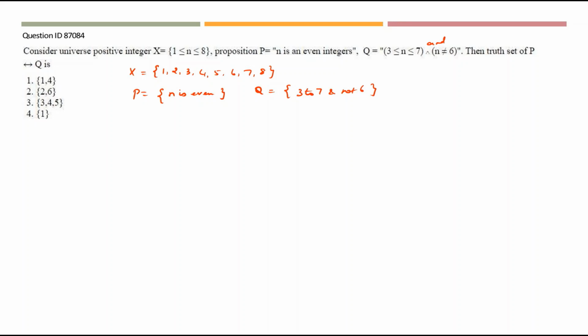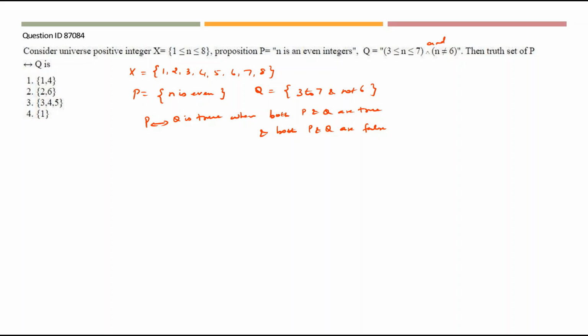The truth set of P implies Q. P implies Q is true when both P and Q are true and when both P and Q are false. Whenever P and Q are true and whenever P and Q are false, this P implies Q is true.